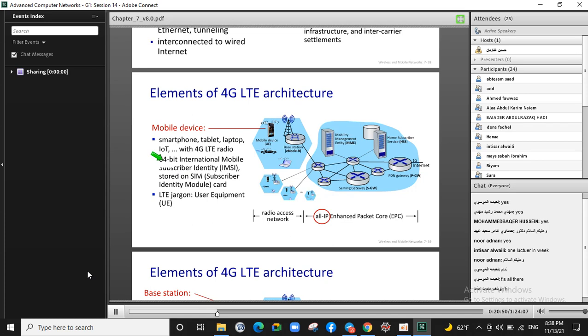In 4G technology, this module has some changes when we compare it with 2G or 3G technology. But at the same time, we have a 64-bit international mobile subscriber identity, or IMSI. When I'm connecting to the internet, the IMSI of my cell phone should be registered in the telecommunication company.